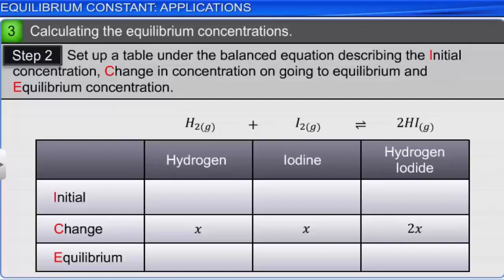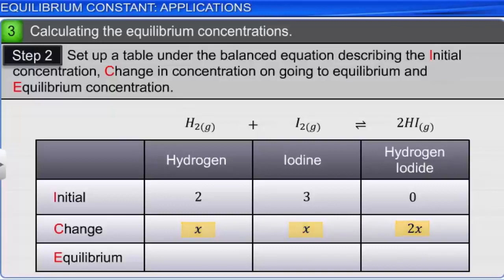The ICE chart for the given problem is: the initial concentrations of hydrogen and iodine in the reaction mixture are 2 moles and 3 moles respectively, while it is 0 for hydrogen iodide as it is not present at the beginning of the reaction. Let x moles of hydrogen and x moles of iodine combine to give 2x moles of hydrogen iodide as shown in the balanced equation.